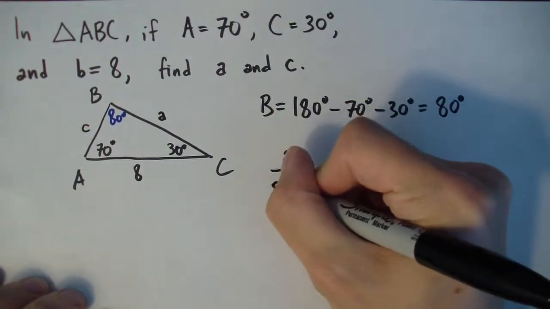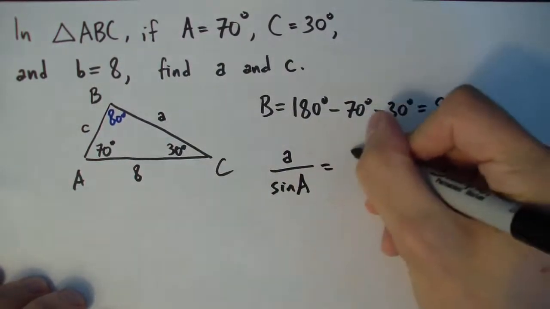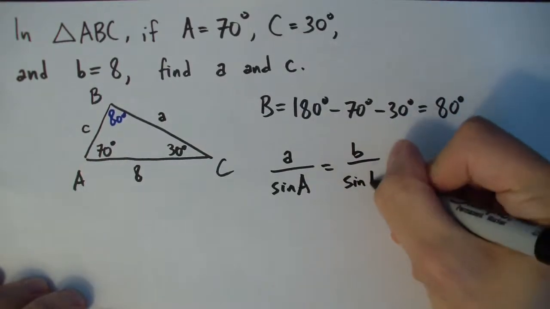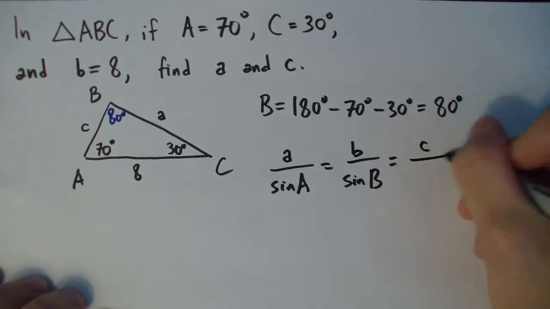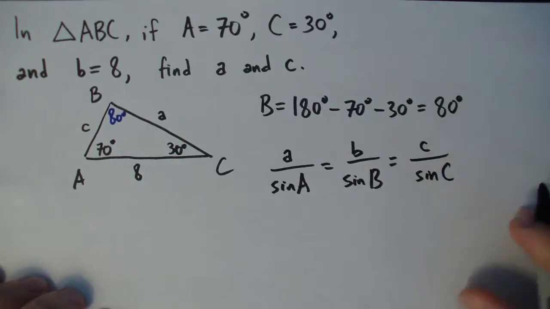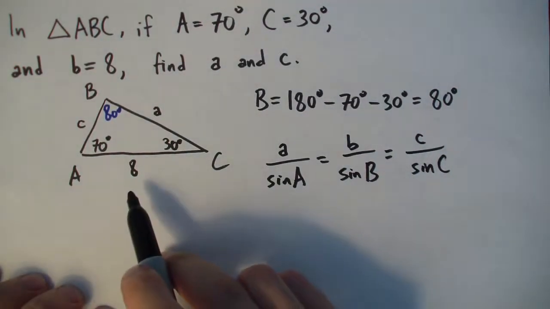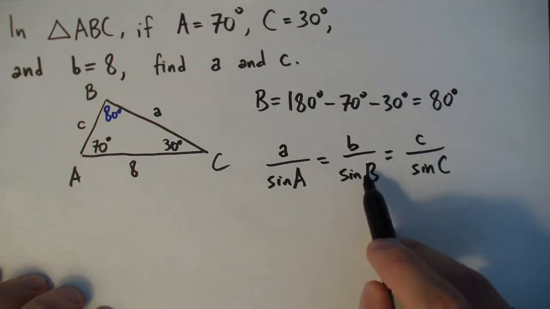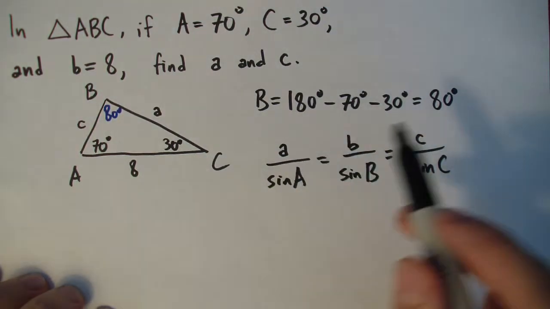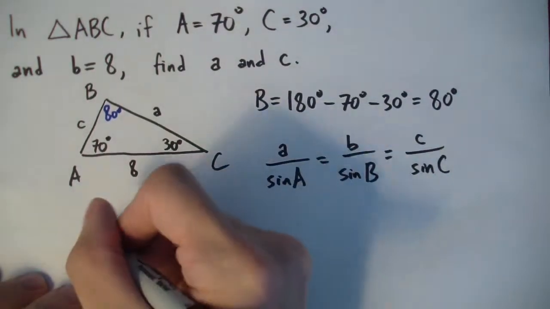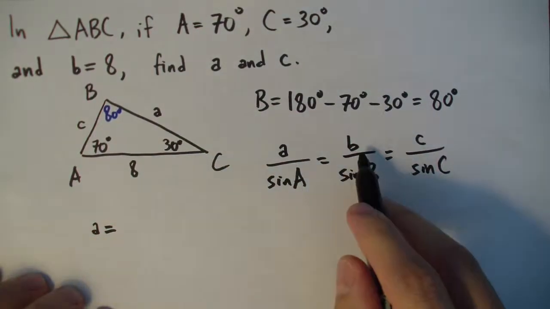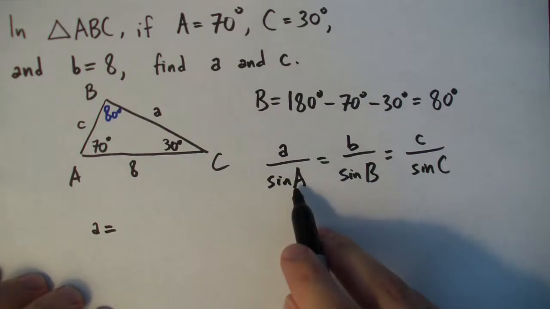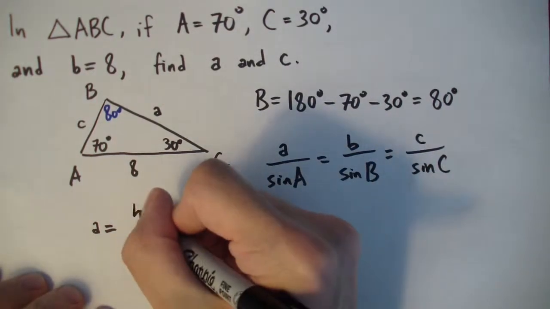So a over sine A is equal to b over sine B is equal to c over sine C. And because we know both B, the angle, and b, the side, we can use that to find a and c. If we solve this, we find that a is equal to b sine A over sine B.